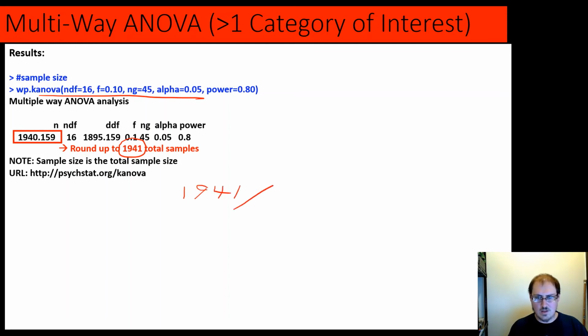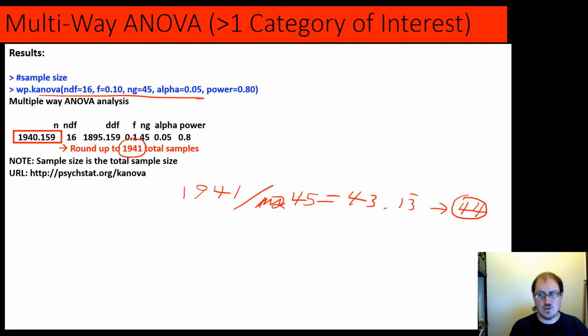We divide that by 45, because we had 45 group combinations. It's, I think, 43.13, so we can round up to 44. So we need 44 samples for each of those groups. For example, drug treatment A for children with cancer stage 1, and 2, and so forth.